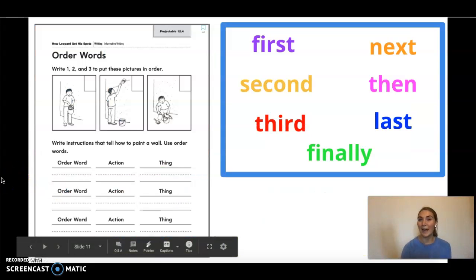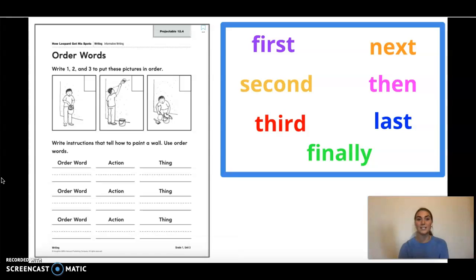All right, will you help me use order words to describe these 3 photos? Looking here, I see a man painting a wall. Look closely at these photos, friends. Which would come first? We are going to put a 1 in the box of the picture that would come first.